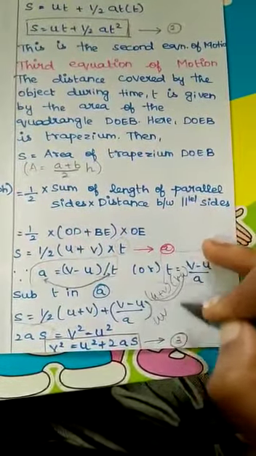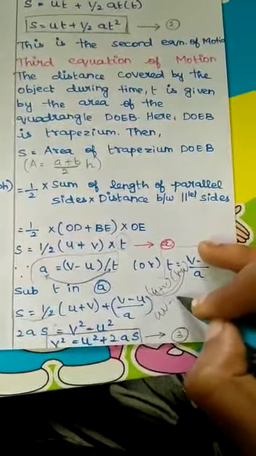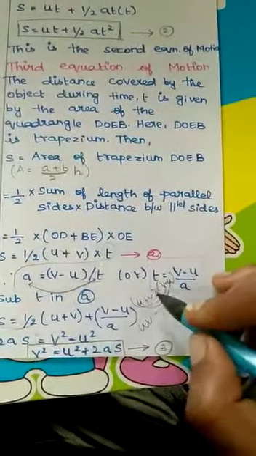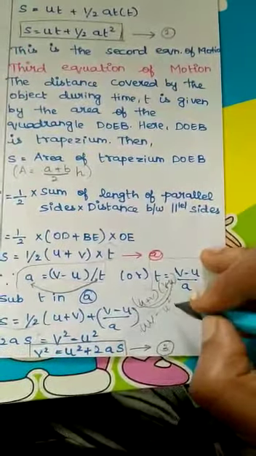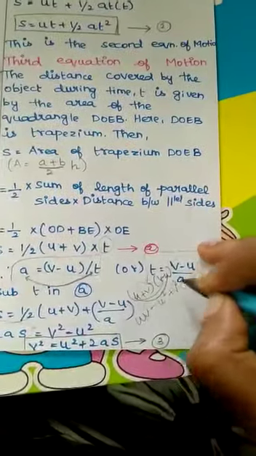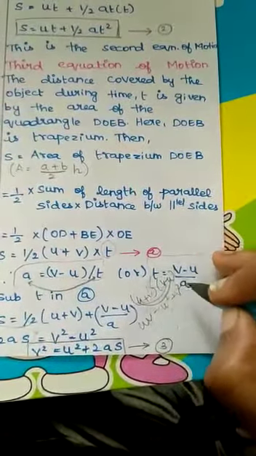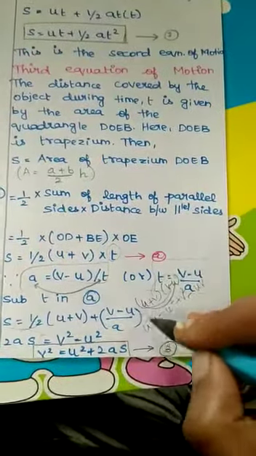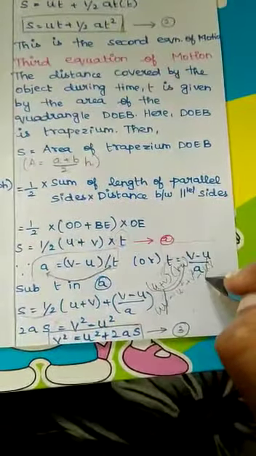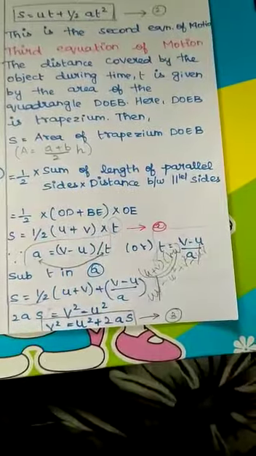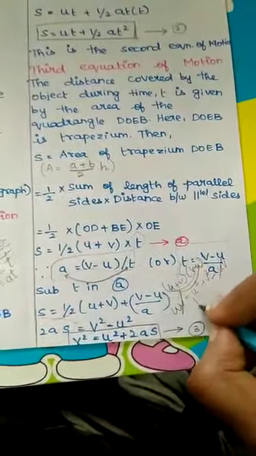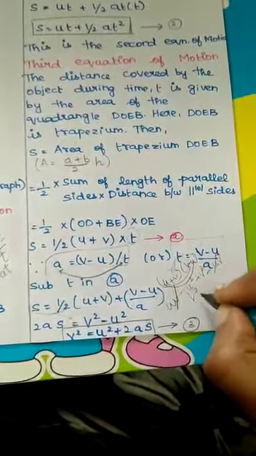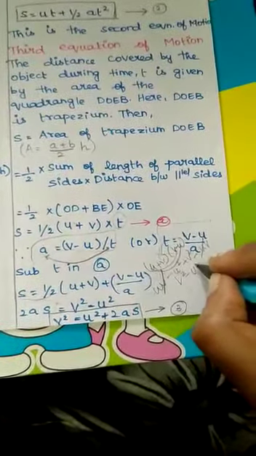U into minus U will be minus U square. V into V will be plus V square. V into minus U will be minus UV. So now this plus UV and this minus UV will get cancelled. Now we have V square minus U square.